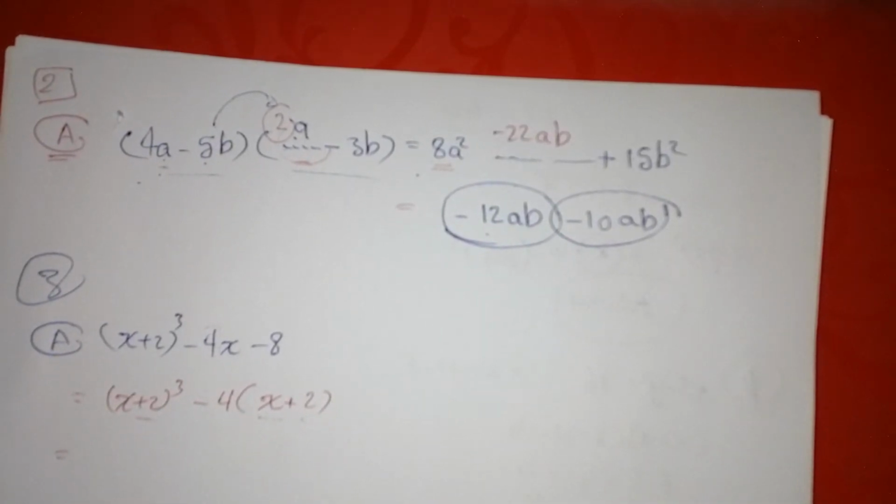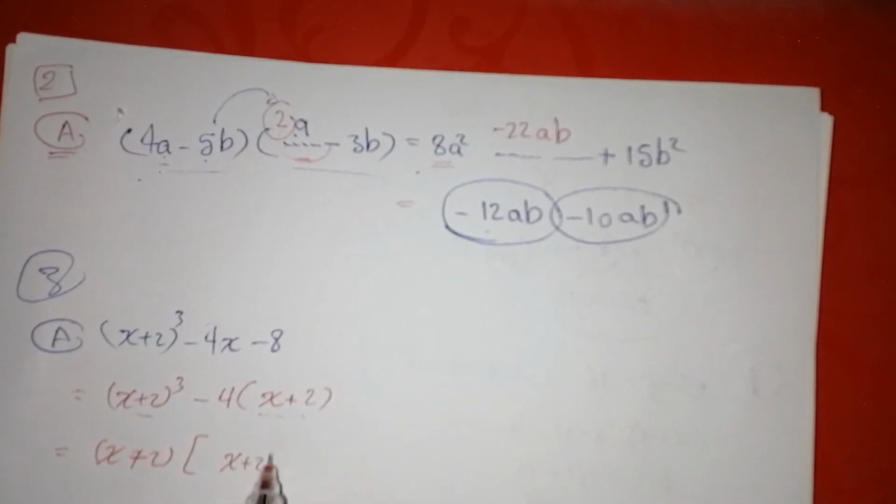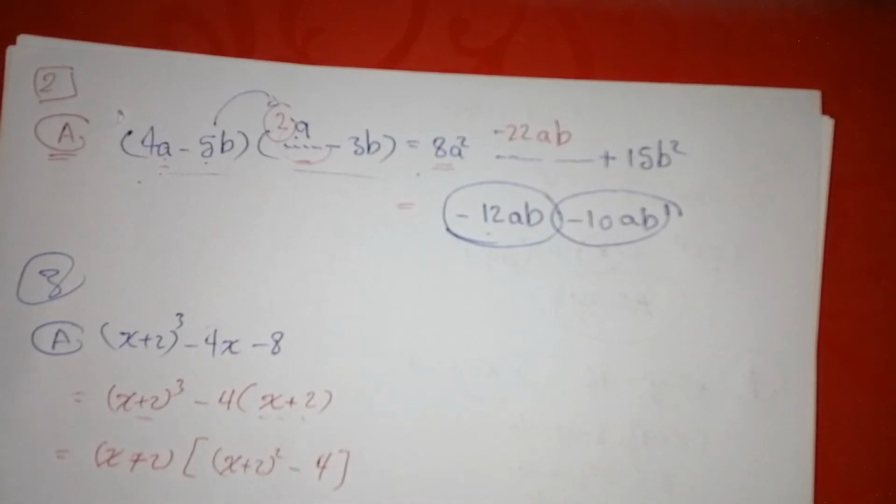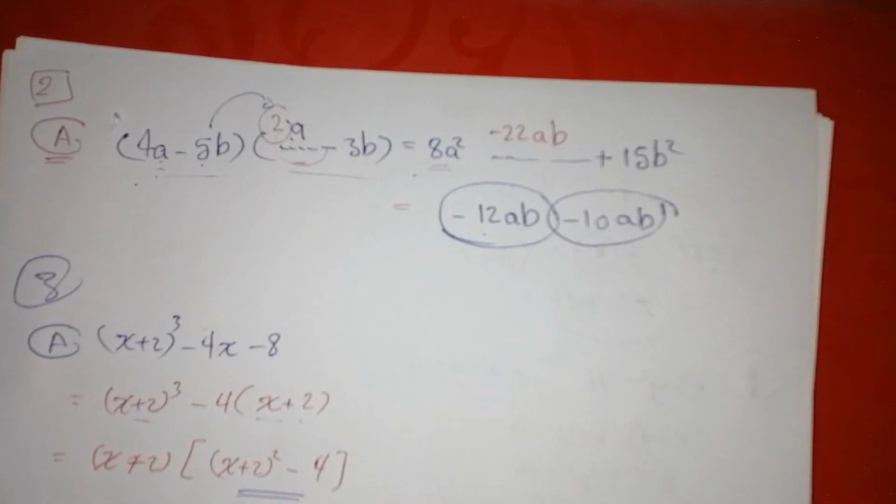Can we factorize by taking the common factor? Yes, by taking x plus 2 as a common factor. Then inside the brackets we can write (x plus 2) all power 2 minus 4. That's very good. And inside the brackets we can see, obviously, a difference between two squares.